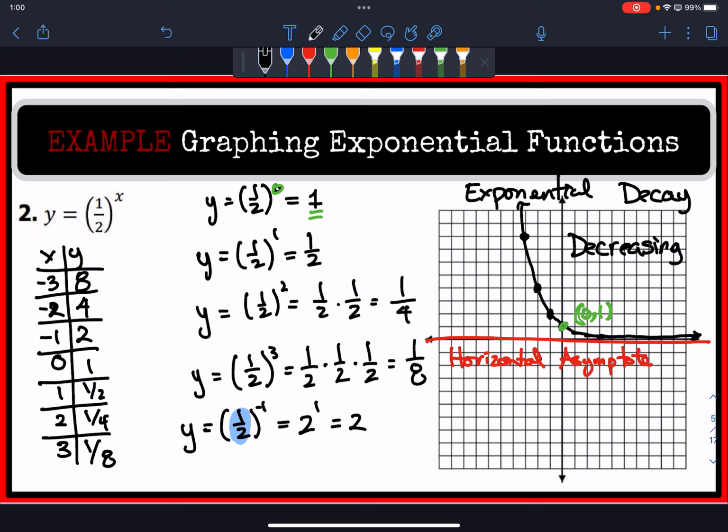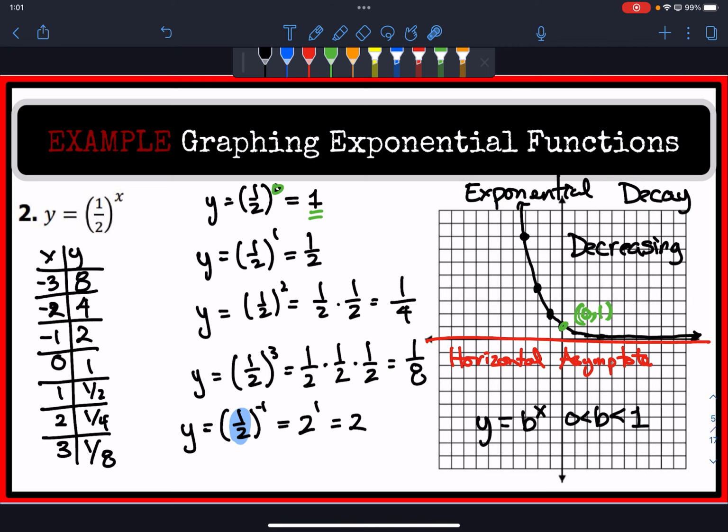So as you can clearly see here, the difference between having a positive base and having a base greater than 1, not because the bases are both positive, I misspoke. Having a base that is greater than 1 and having a base that is less than 1 is that if our base b is a number less than 1, still positive of course, then we're going to end up again with an exponential decay function.